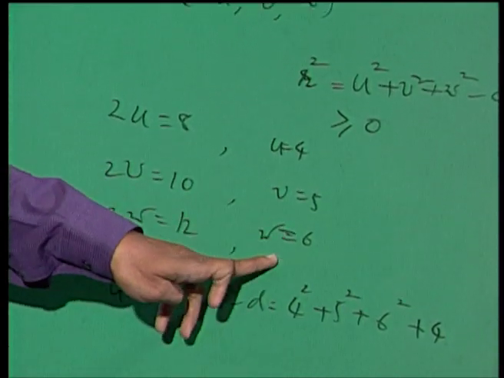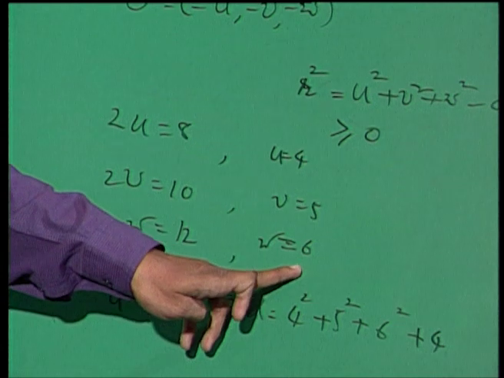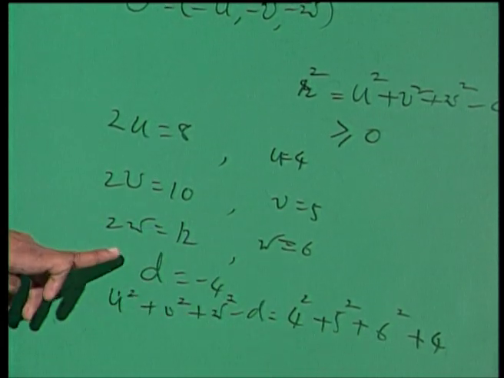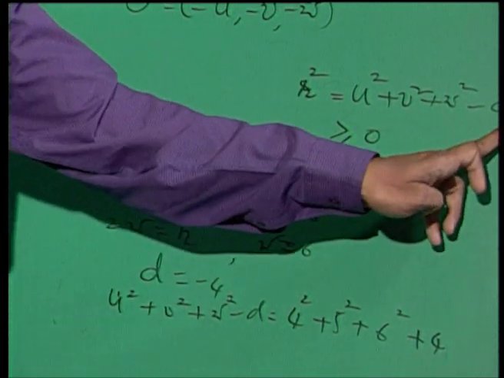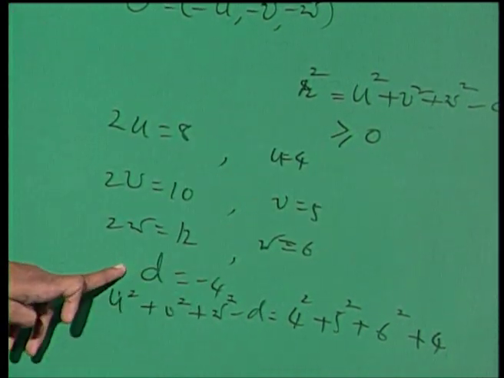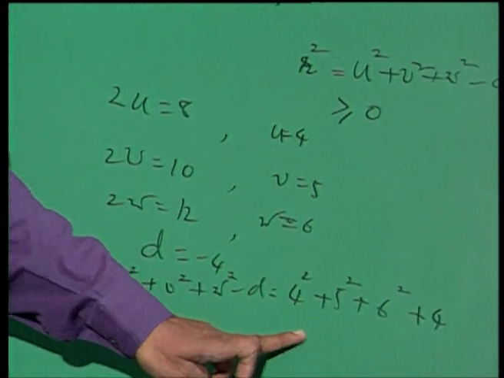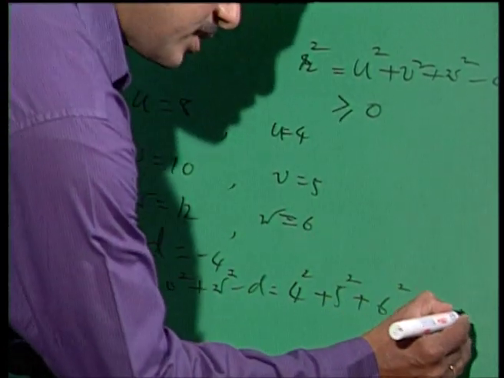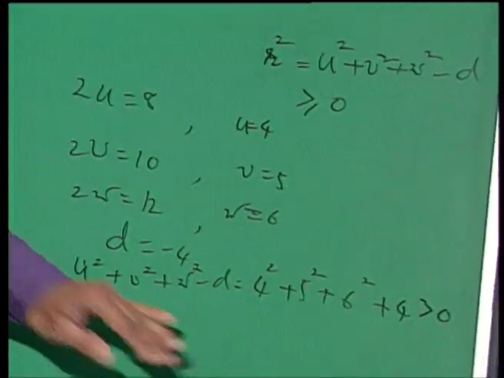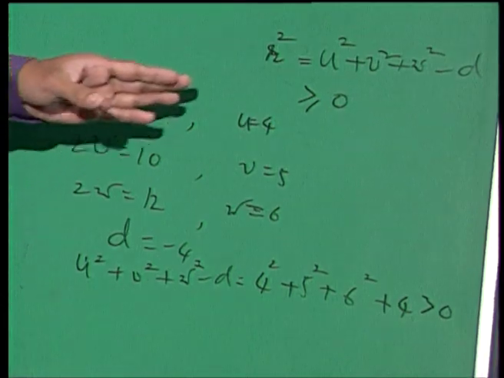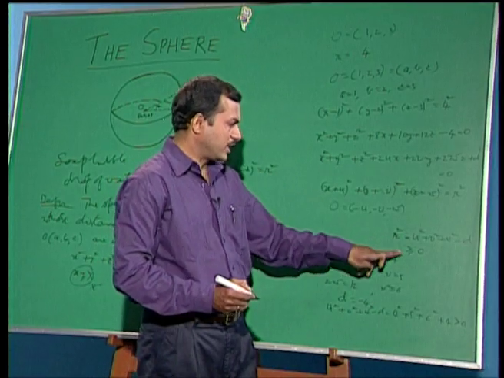U square, v square, w square are the squares of these three terms, those are 4 square, 5 square, 6 square. Add them and take the negative of d; d is minus 4, so minus d is plus 4. These are all positive constants, therefore this is a positive term. Therefore, this expression is positive, and it represents the square of a positive real number.